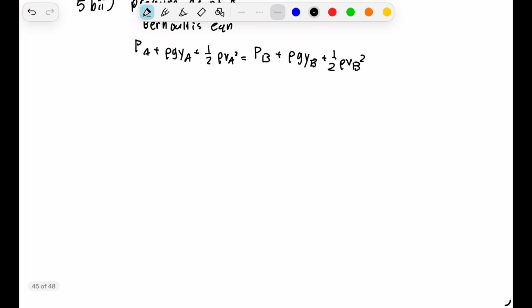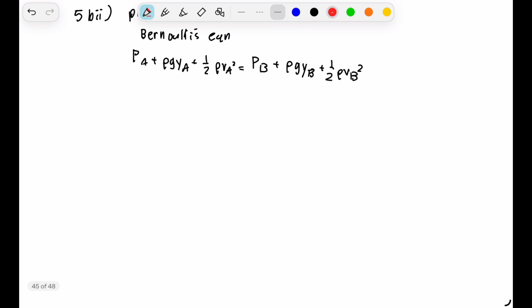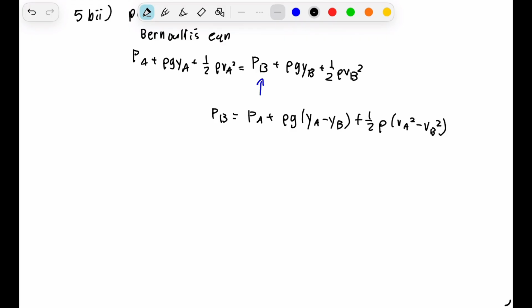What we want is to solve for pressure B. So pressure B is equal to pressure A plus rho G (YA minus YB) plus 1/2 rho (VA squared minus VB squared).